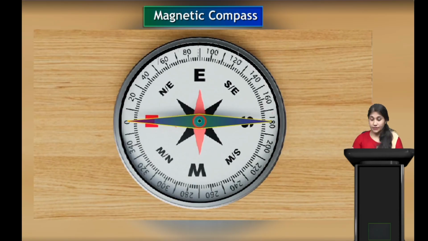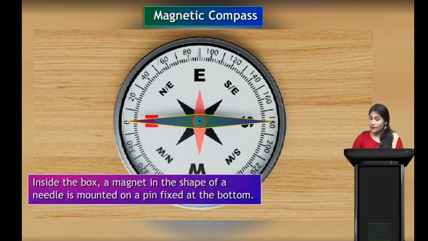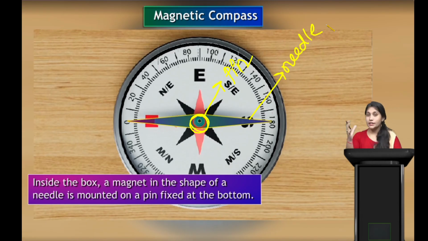Now this needle is showing something. Inside the box, a magnet in the shape of a needle is mounted on a pin fixed at the bottom. Means inside this magnetic compass box, the middle part consists of a pin, and this needle is mounted on this pin.